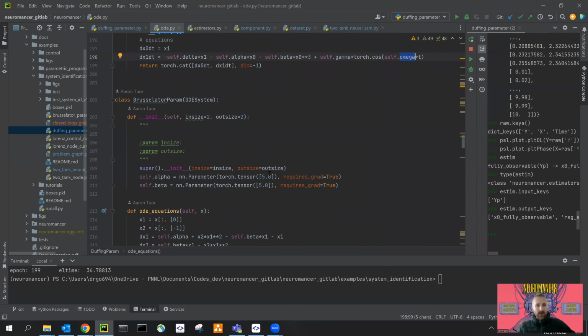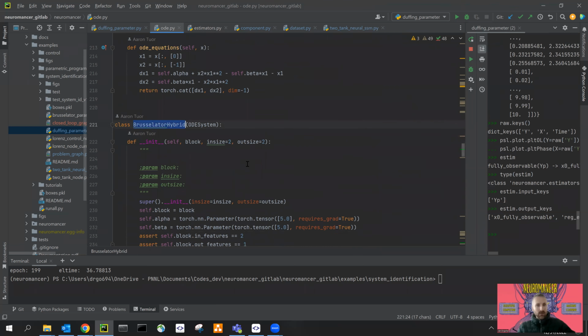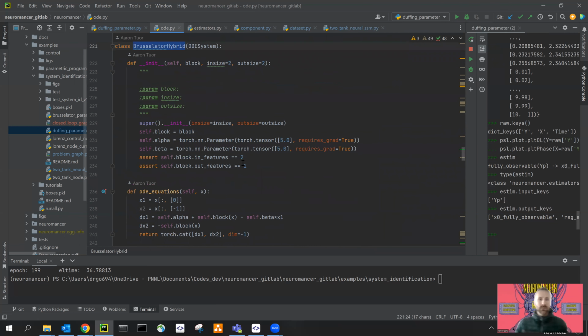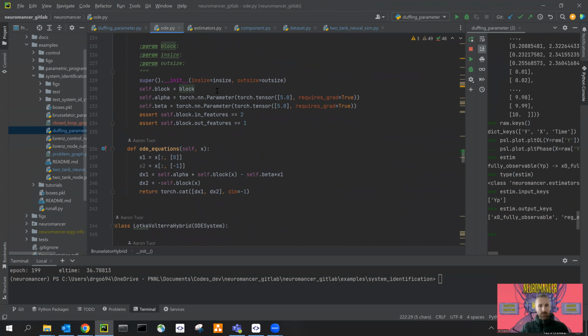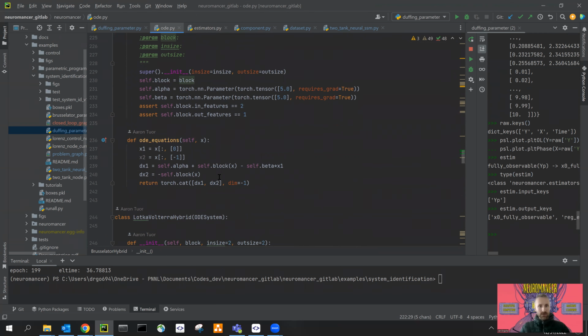More complicated examples can include the hybrid ODEs or universal differential equations when you will actually systematically combine the black box components with white box structure. So here we have still two-dimensional system, but now parts of the systems are fully black boxes.